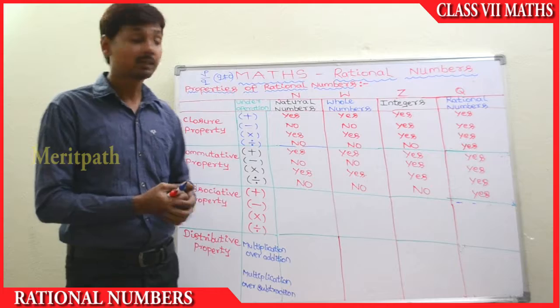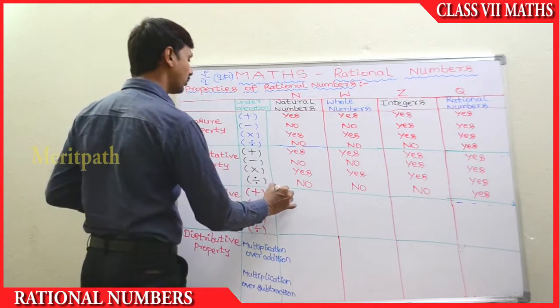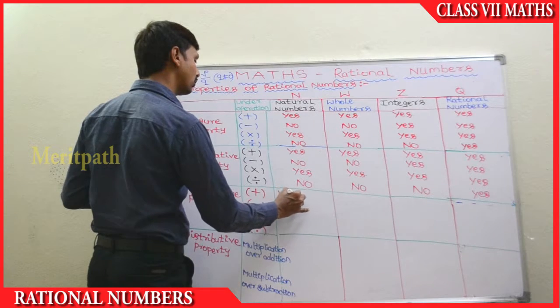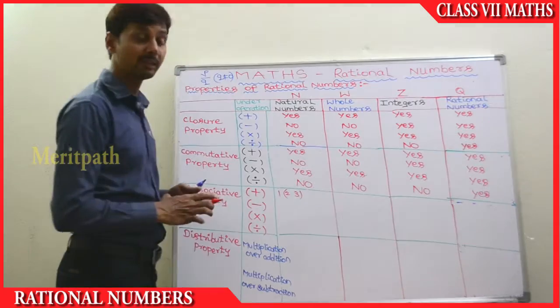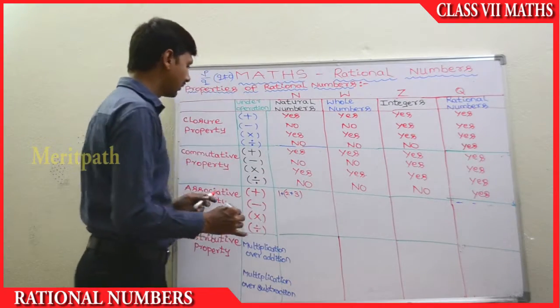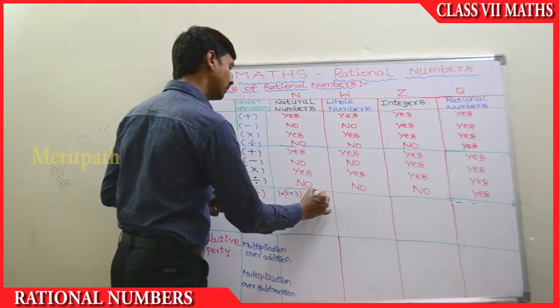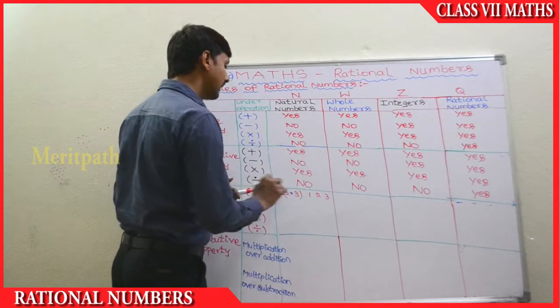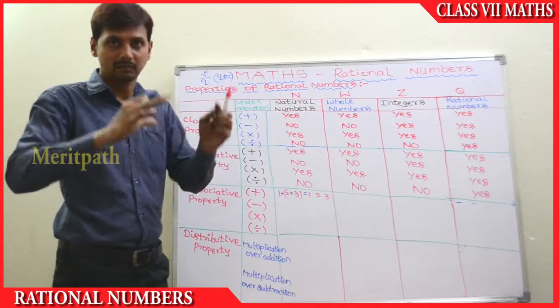So let's try for natural numbers. Associative property, let's take the three numbers 1, 2, 3, and we take a group of two numbers, 1 and 2. So we add them under addition. That is the reason we have taken plus here. So 1 plus 2 plus 3. Now in this place we have taken 2 and 3 as a group, in the bracket.